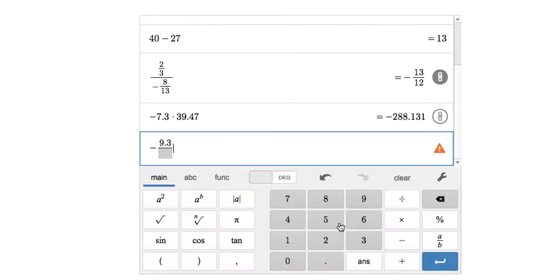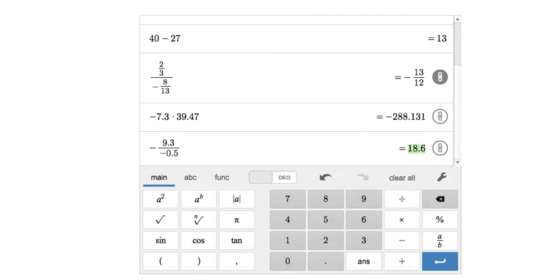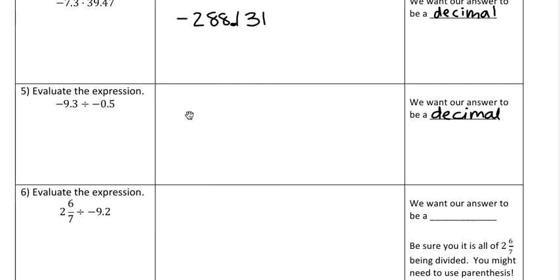Negative 0 5/10. Whoops, that's not where we wanted it. We wanted that on the bottom. And we get 18 6/10. And we just want it as a decimal, so I don't need to hit that fraction button. 18 6/10. Done.